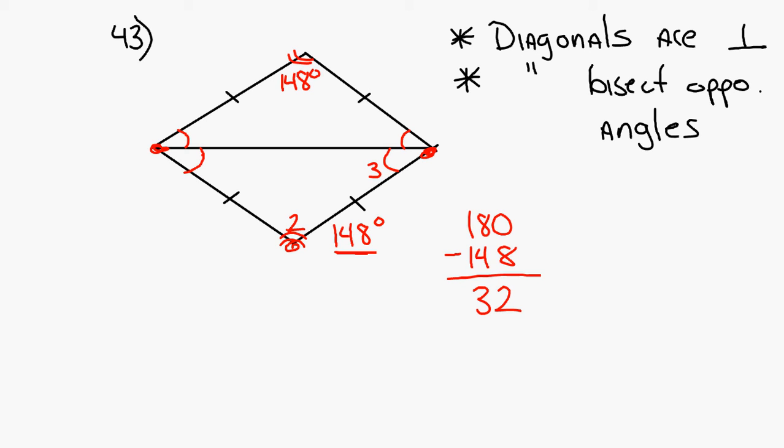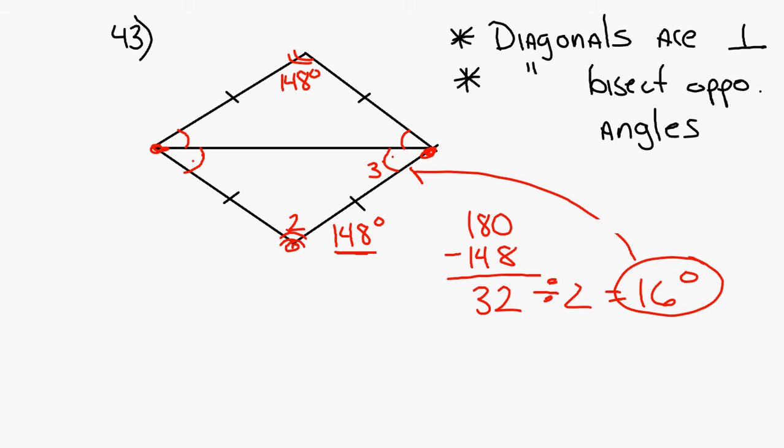So you got 2 angles left, and the angles are equal to each other. So if you take the 32 and you divide it by 2, you're left with 16 degrees. All right? 16 degrees is your angle 3. So angle 2 is 148, angle 3 is 16.